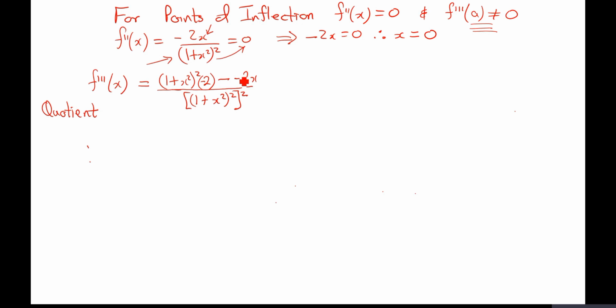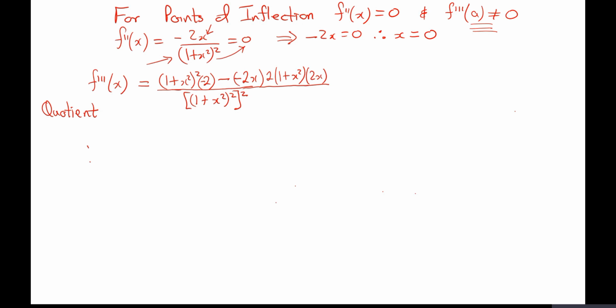Now I leave the numerator and multiply by the derivative of the denominator, which will be 2 times 1 plus x squared multiplied by 2x. Oh, that is pretty lengthy, isn't it?